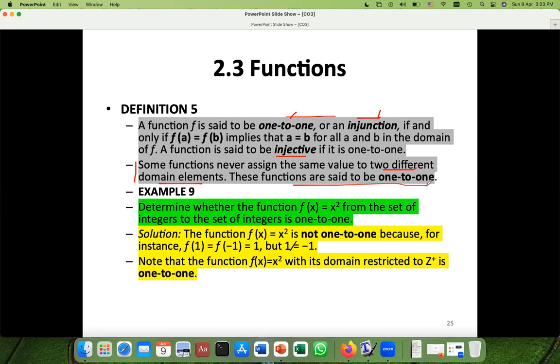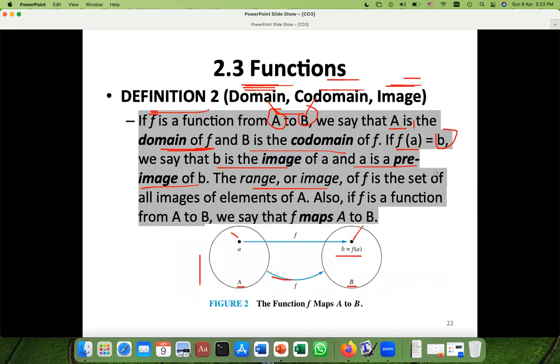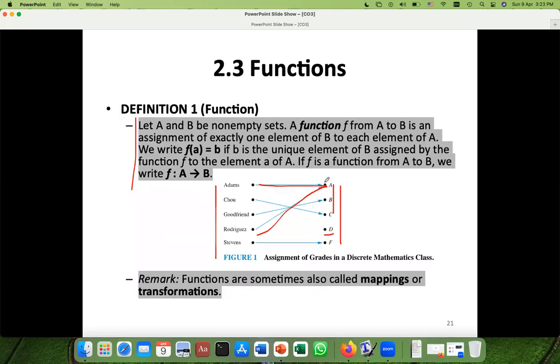For example, here this is a normal function definition, but it is not one-to-one because the same value is assigned to two domain elements. This is the domain and this is the codomain.